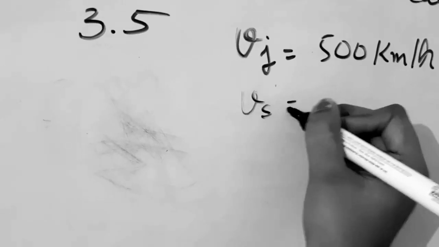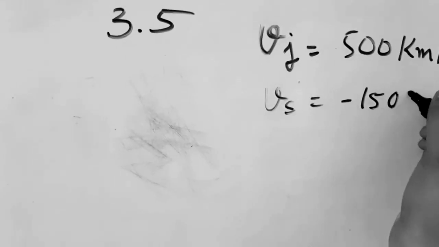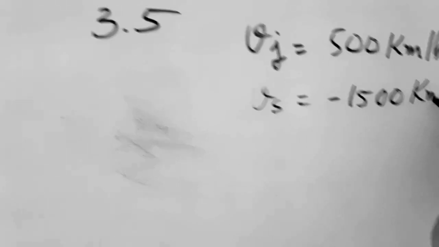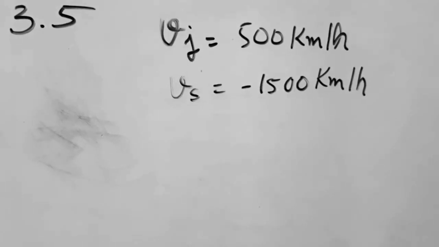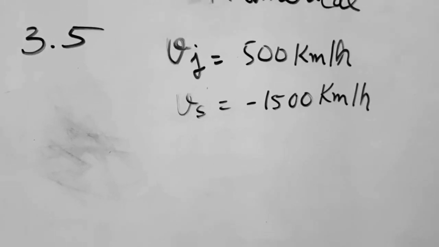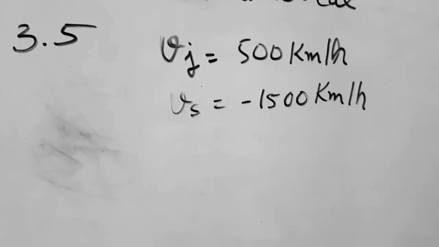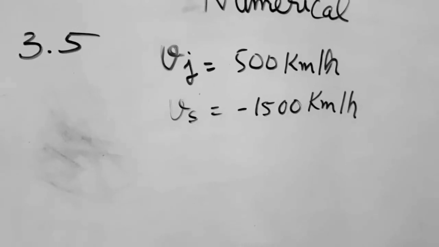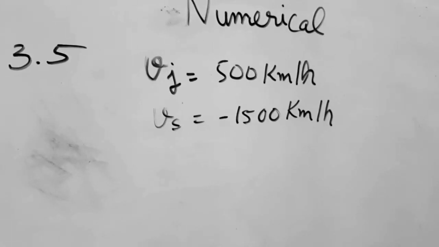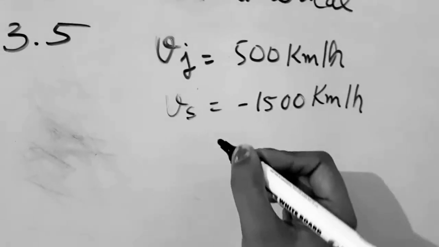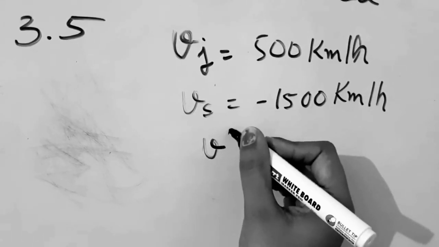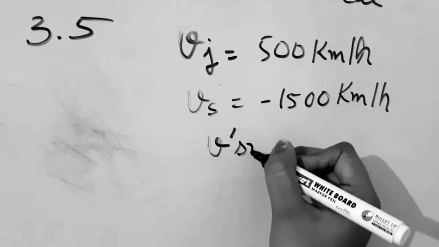So Vs is equal to minus 1500 km per hour. We have to find this. Now the speed of its products of combustion with respect to ground, that is V dash smoke.